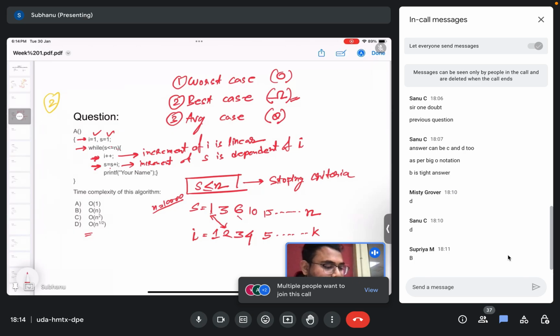So now the s value has reached n, but what is this n? You can see that n is nothing but the sum of the first k natural numbers, that is k into k plus 1 by 2.